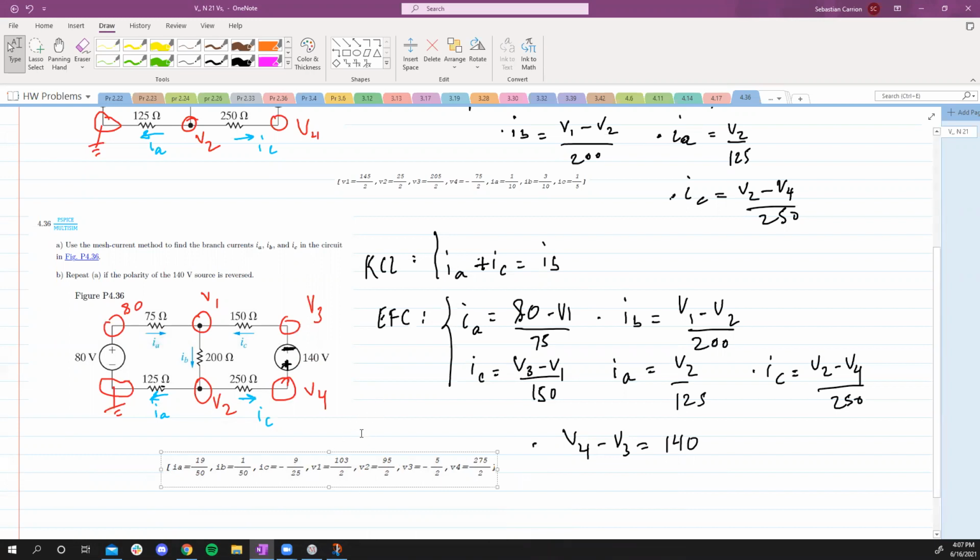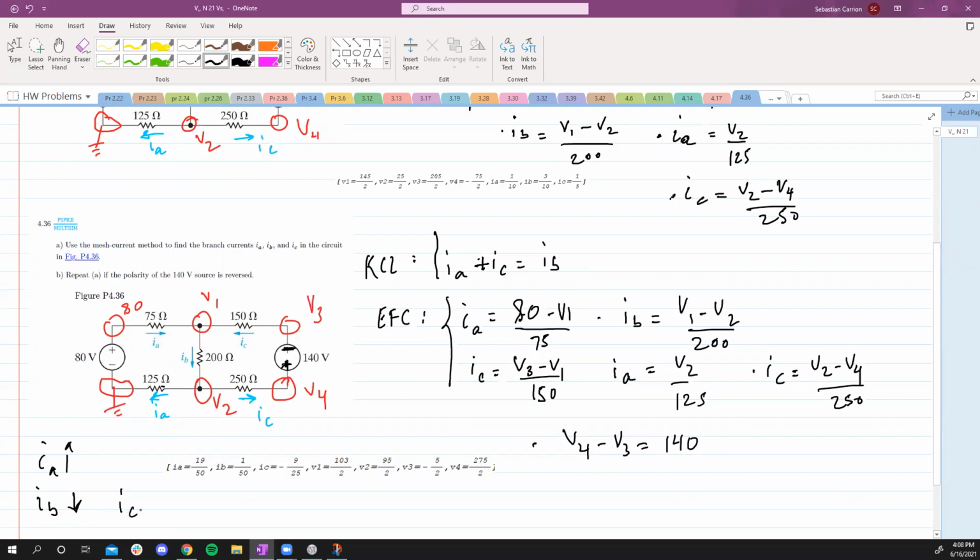So our current IA would change to 19 over 50, which is 0.38. So IA increases. IB is 1 over 50, whereas before it was 0.3, so IB goes down.